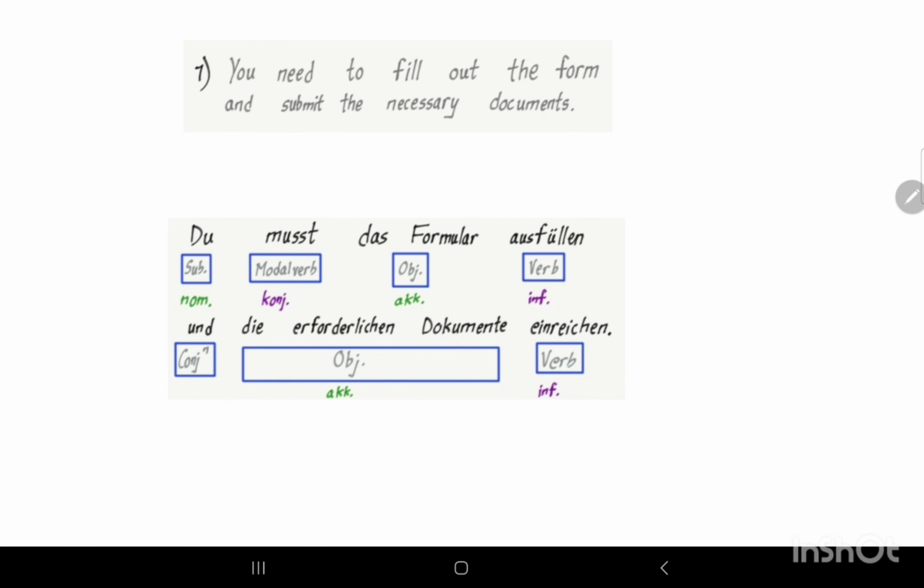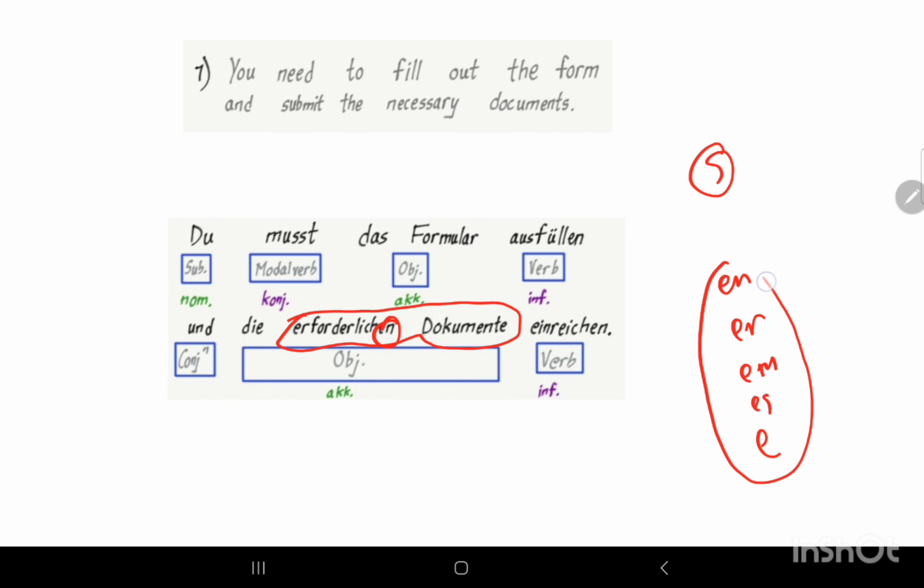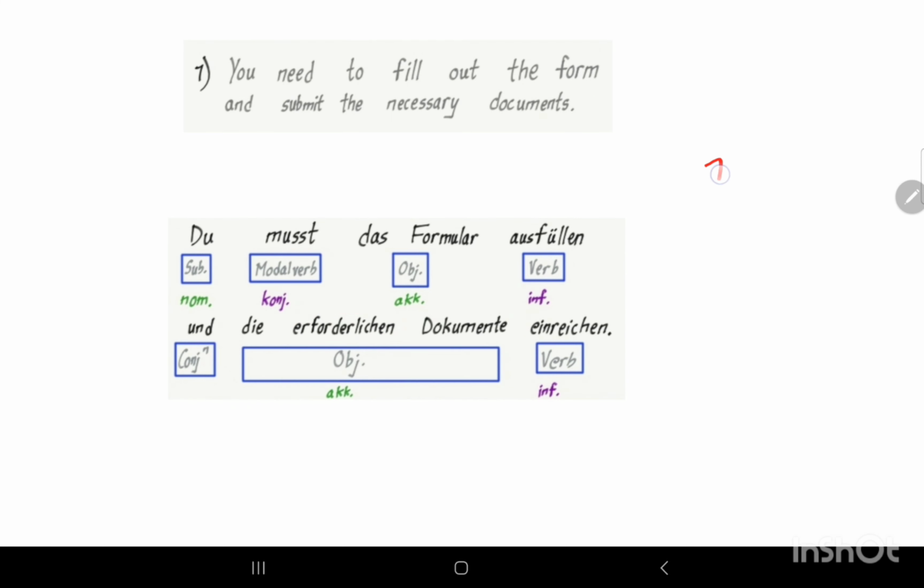What I want you to remember over here is adjective endings, which we have covered. If you go by tables, you will have to remember 5 different tables. Why could it be en, er, m, s, or e, because erforderlich is an adjective, right? How do you know which one this is? Normally you have to remember 5 different tables for this, but I have given you just 7 rules with which you can guess the adjective ending.